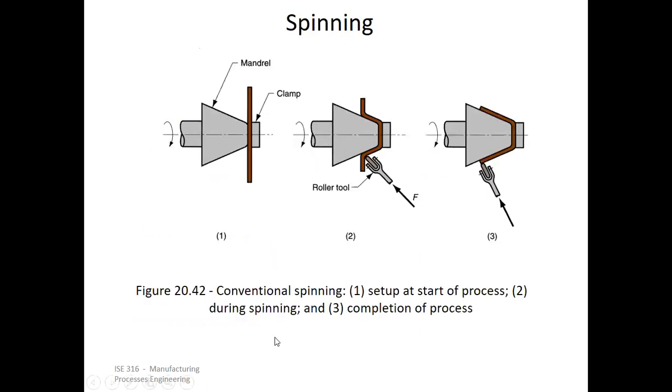So you see, conventional spinning, you have a setup, right? And basically a mandrel here and a clamp here, so that you can clamp this sheet metal to that clamp during spinning.